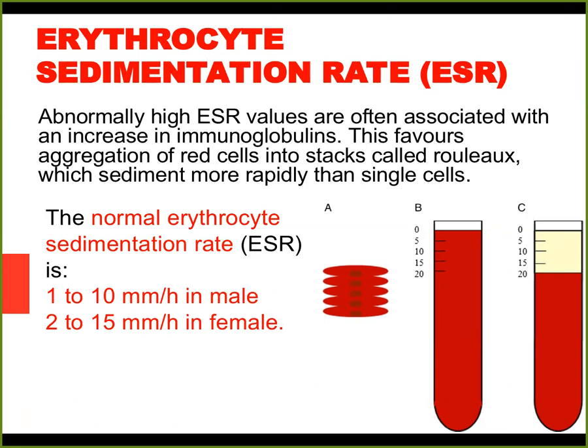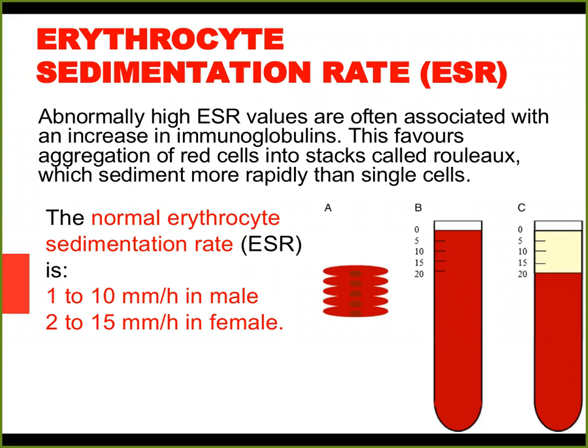But the process of sedimentation depends on the amount of red blood cells and on the amount of proteins. That's why we measure sedimentation rate for checking signals of inflammation, because increased sedimentation rate is usually associated with inflammation in blood.